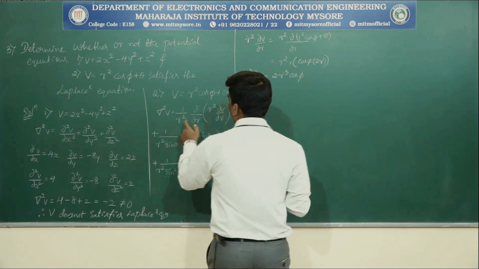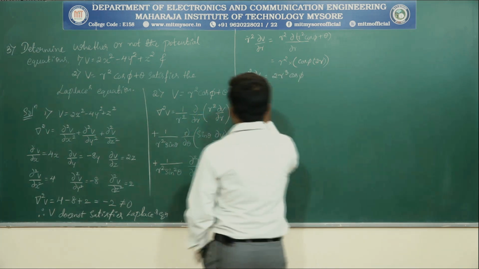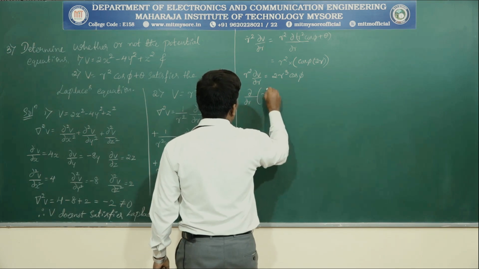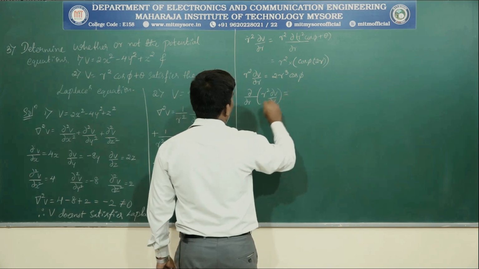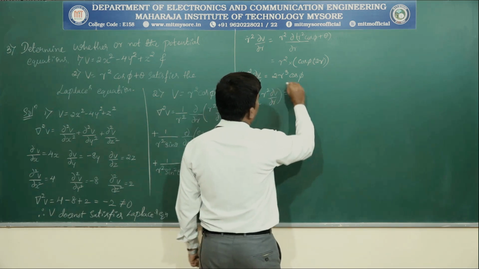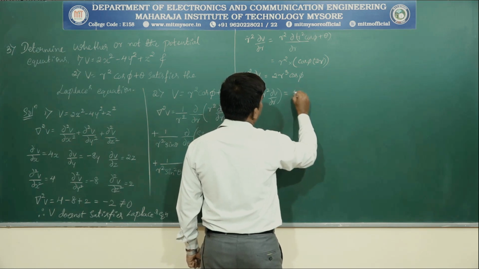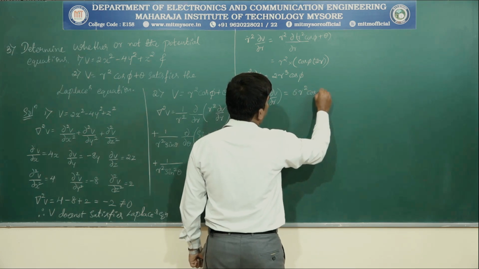What is the next quantity? So we need to differentiate again. ∂/∂r of r² ∂V/∂r is equal to, what are we going to get? r³ gives 3r², that means 6r² cos φ.